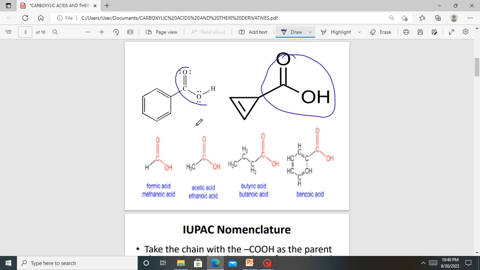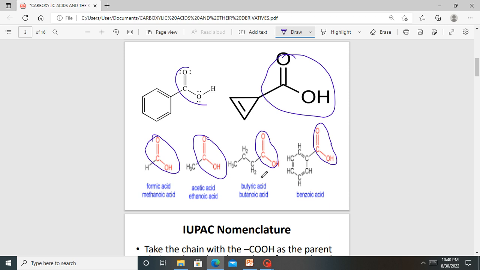Other examples of carboxylic acids include formic acid, acetic acid, butyric acid, and also benzoic acid. All these compounds have the carboxylate functional group present in them, so they all qualify to be called a carboxylic acid. So in other words, every compound that has this functional group present in it qualifies to be called a carboxylic acid.